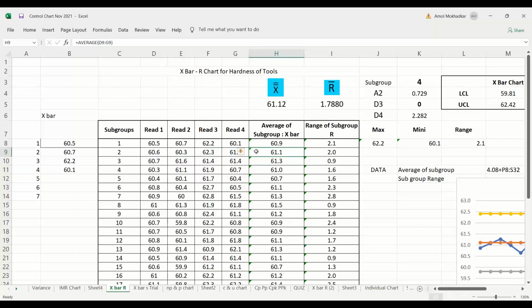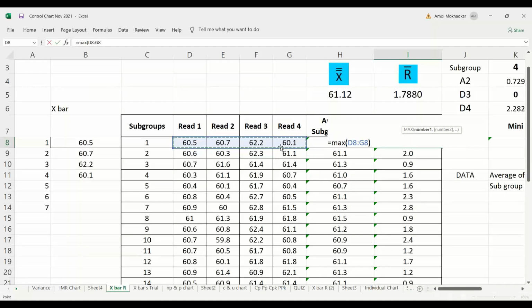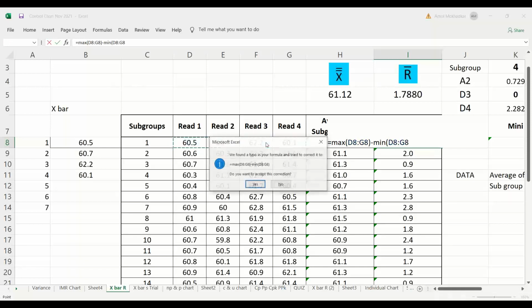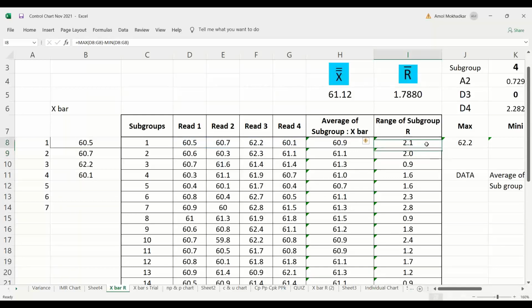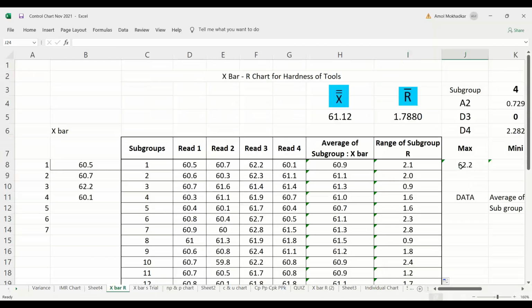I will make it a little bit bigger. And then the range. The range will be the maximum of the subgroup minus the minimum of the subgroup, which is 2.1. So you drag this one up to 25. So this is your range data.